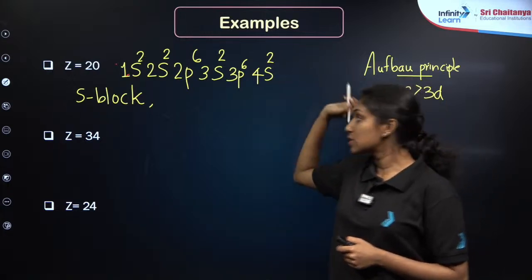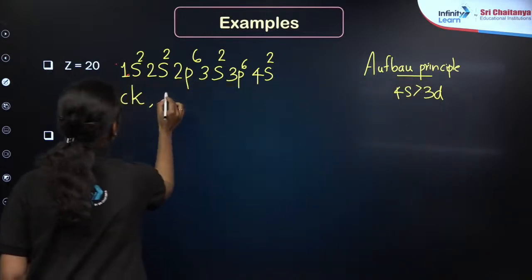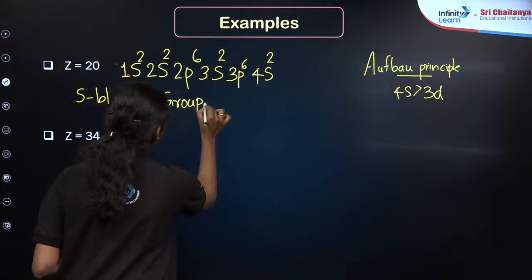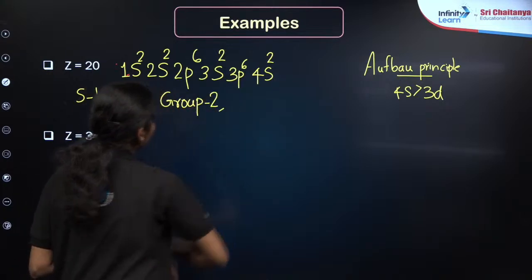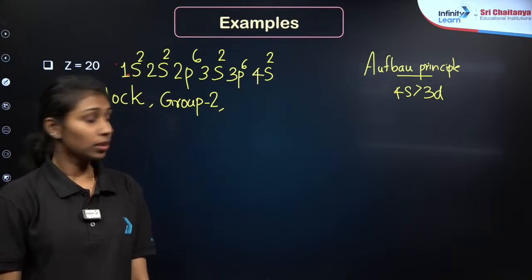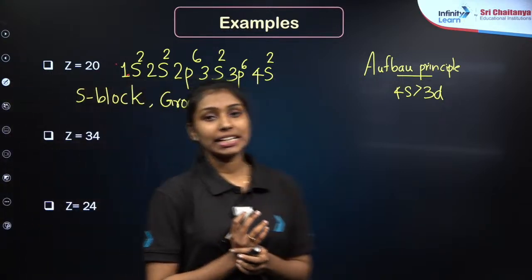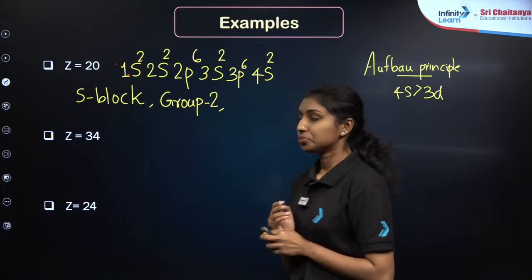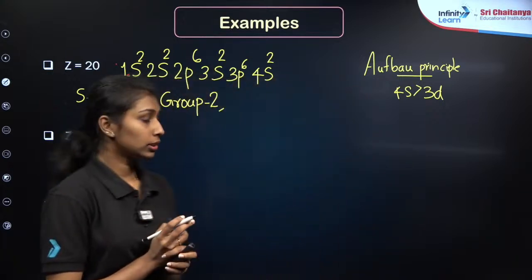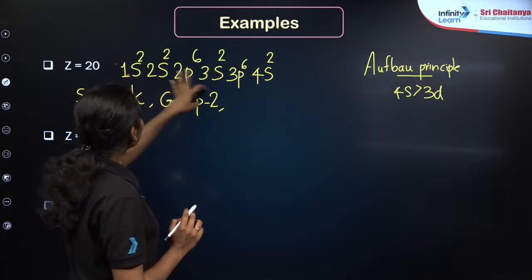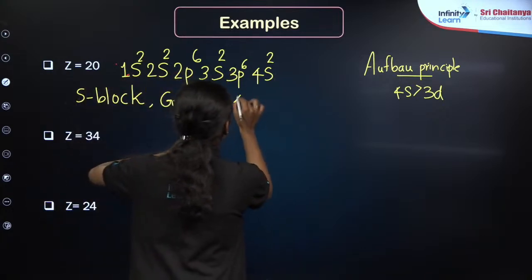So this belongs to group 2. Then what will be the period number here? The highest quantum number, right? 1, 2, 3, 4, which means 4 is the period here.